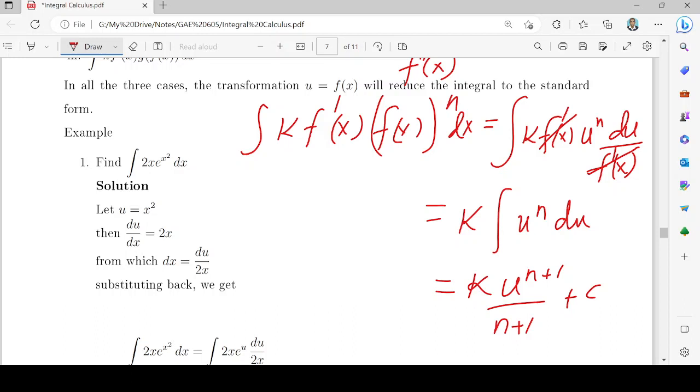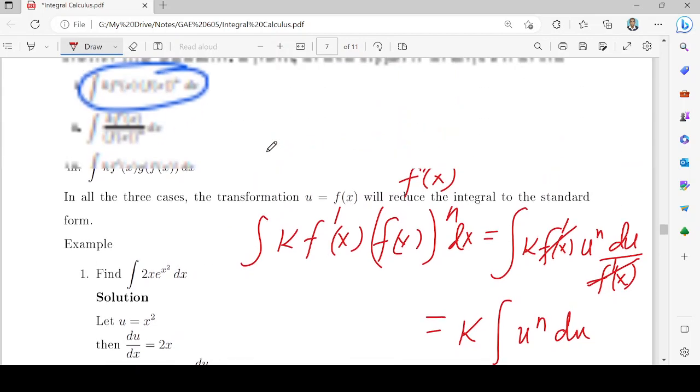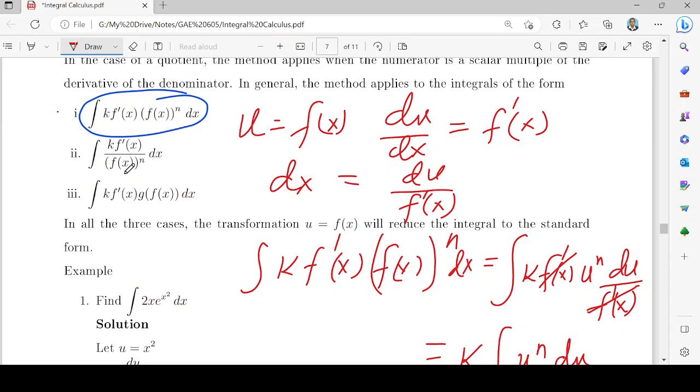So when you're given a problem and you want to apply this method, the key is to check: do we have a function f of x and its derivative, or a scalar multiple of its derivative, appearing in the integral? If that is the case, then we use this method.